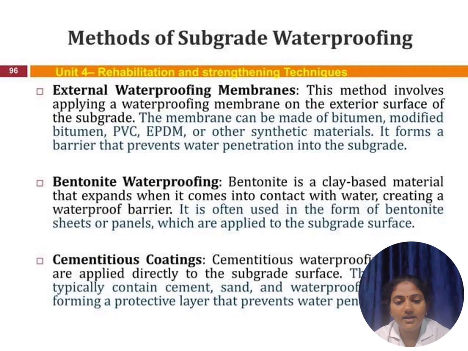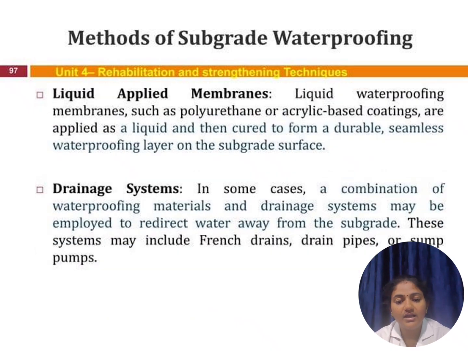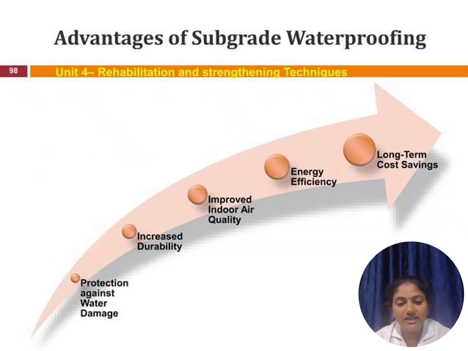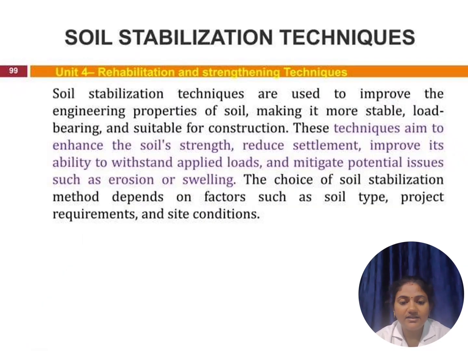Methods are external waterproofing membranes, bentonite waterproofing, cementitious coating, liquid applied membranes, and drainage systems. The advantages are increased energy efficiency, long-term cost savings, and protection against water damage.